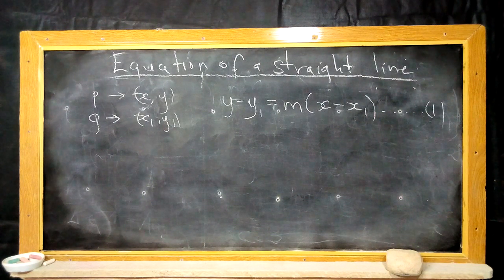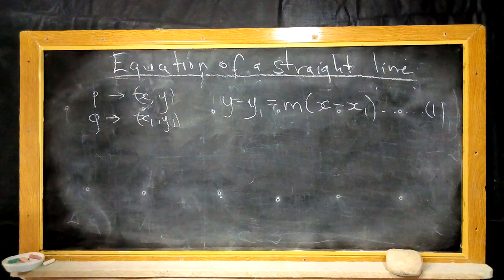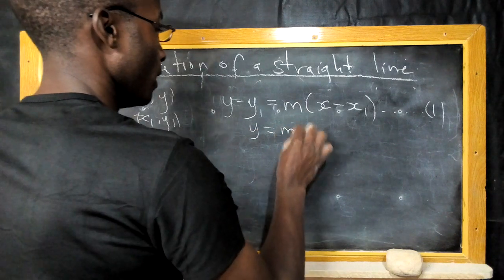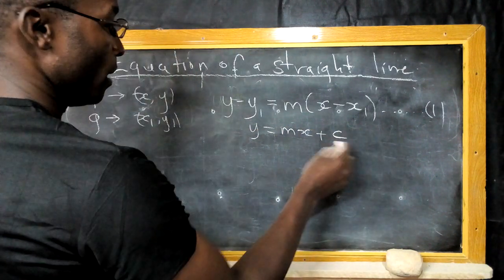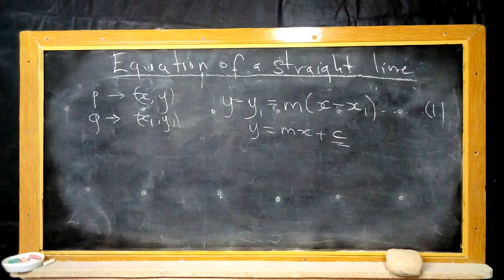If a line passes through the points P and Q, whose slope is given as m, which we said is the gradient, now this equation of a straight line having the slope m can be given as y equals mx plus c, whereby c denotes the point at which the line cuts the y-axis, which is known as the y-intercept.